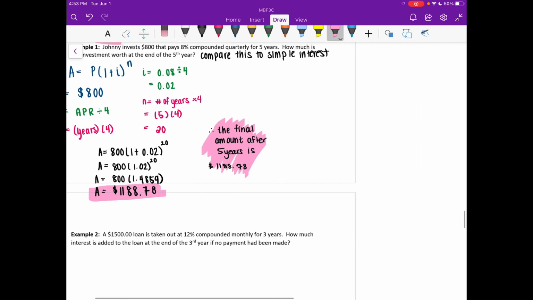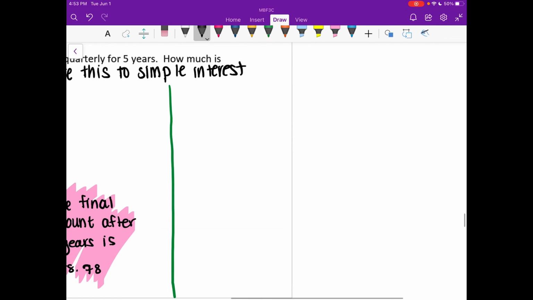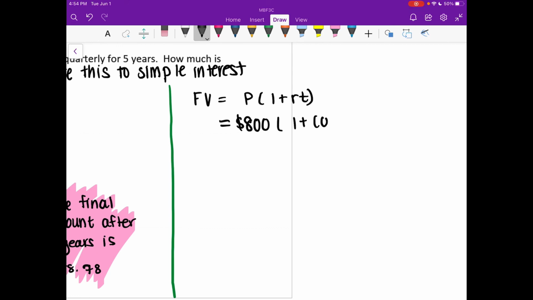And then it says to compare that to simple interest. So let's say we had just done that at simple interest. Our simple interest future value, FV, is equal to P(1 plus RT). I just recommend having all these equations written out somewhere for yourself. I find it easier to navigate that way. 1 plus whatever the annual interest rate was, which was 0.08, times the number of years, which was 5.